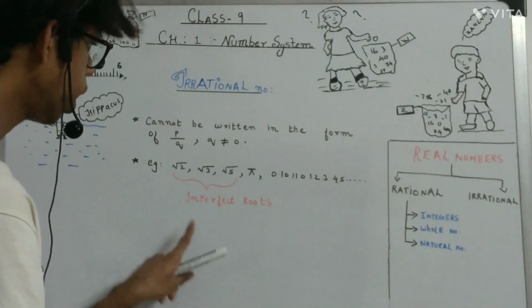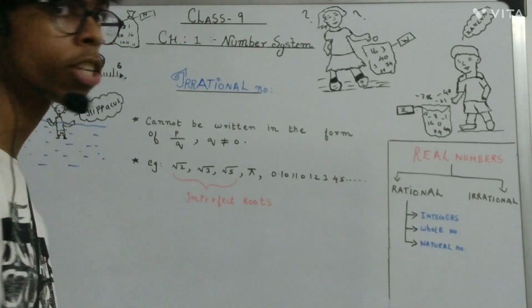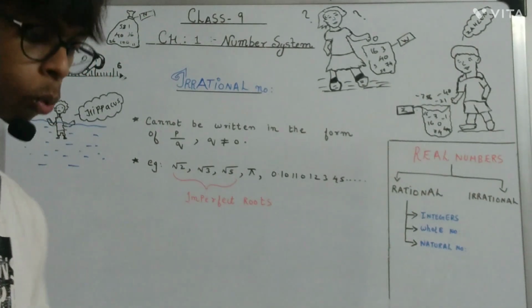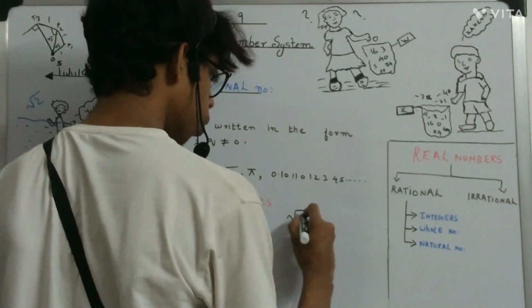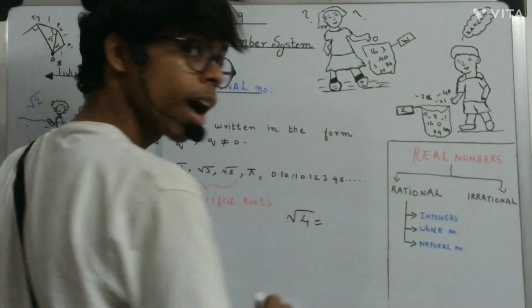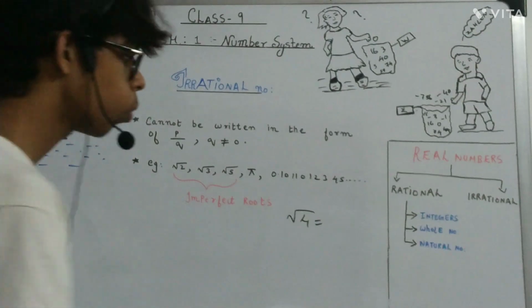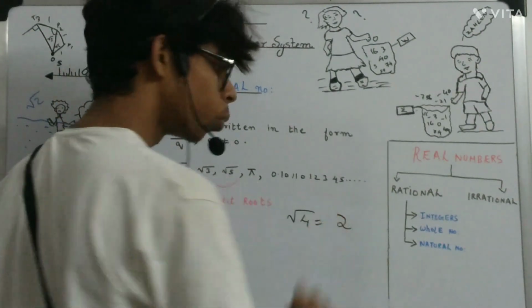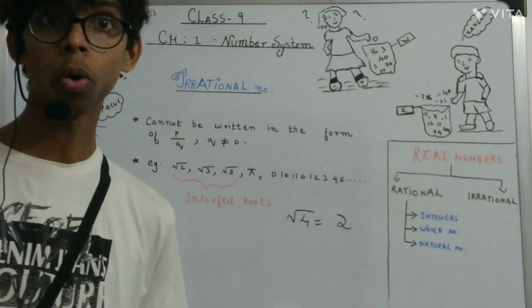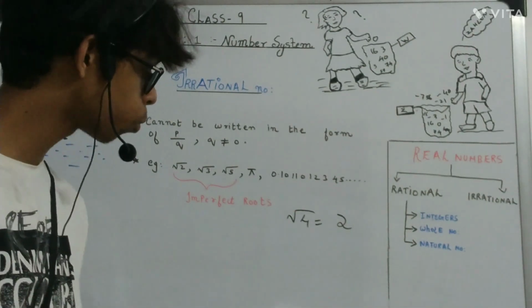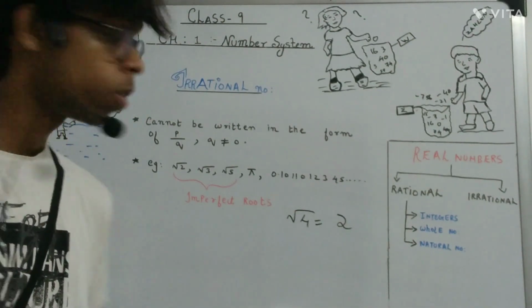Now, why did I write only imperfect roots as irrational? What about perfect roots? For example, let us take root 4. We know the value of root 4 is equal to 2.